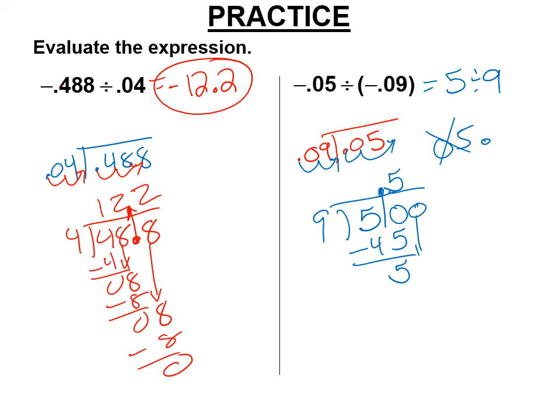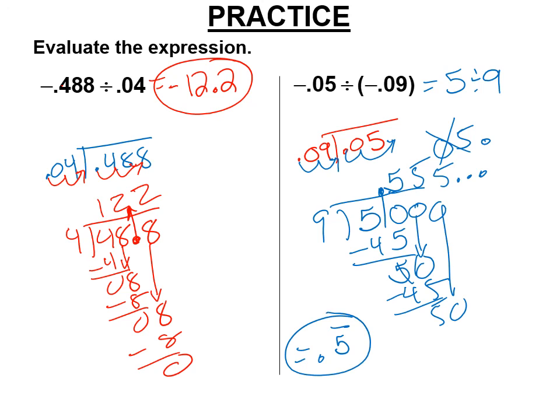Bring down a 0. 9 into 50, 5 times. 5 times 9, 45. Remainder 5, bring down a 0. 9 into 50. Finally, we have an answer that's not 3s repeating. All right, so this is 0.5 repeating, which again is not 5/10. In fact, it's 5 divided by 9 or 5/9. As I said, repeating decimals are not tenths. Don't say them that way.